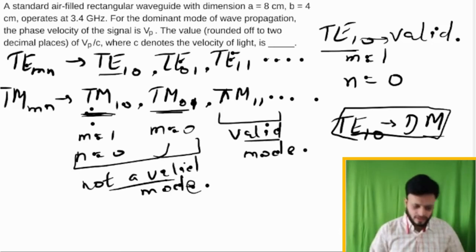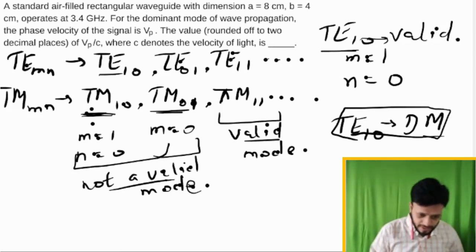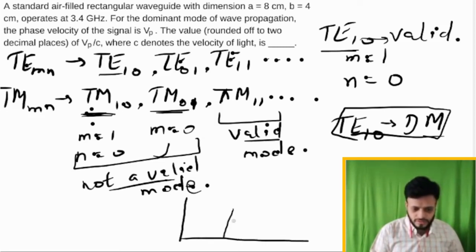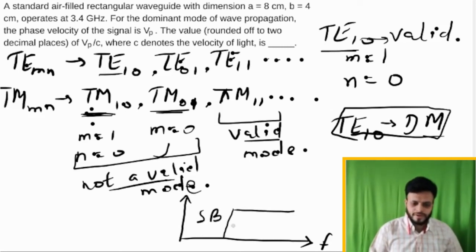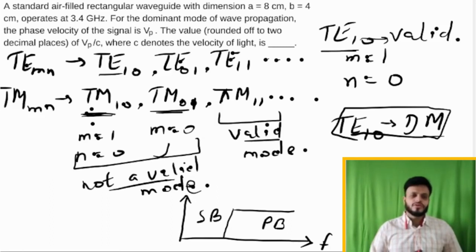I can draw a very small passband diagram here, as you might have already seen these kinds of diagrams. This is your frequency. This is your stop band for the high pass filter and this is your pass band for the high pass filter. So for lower frequencies the waveguide always attenuates, and for higher frequencies the waveguide allows propagation.